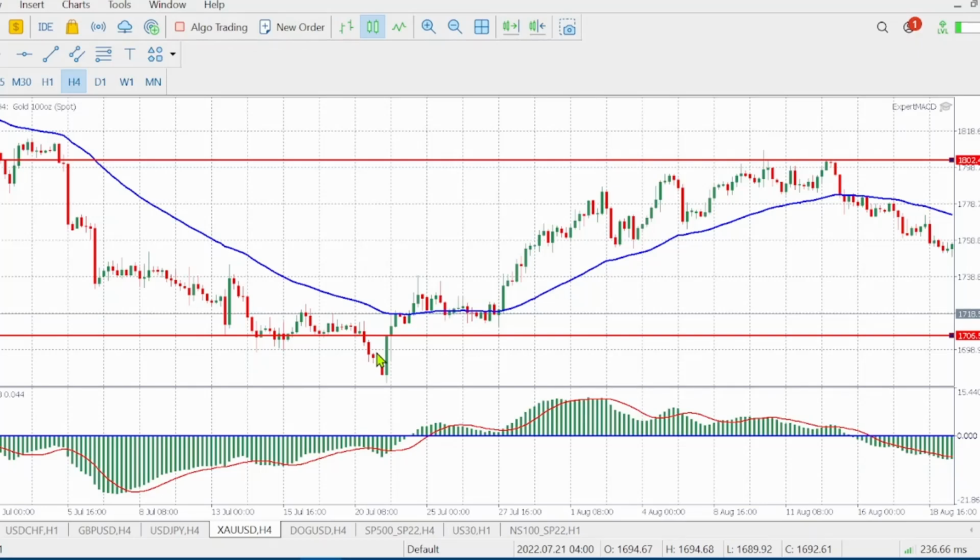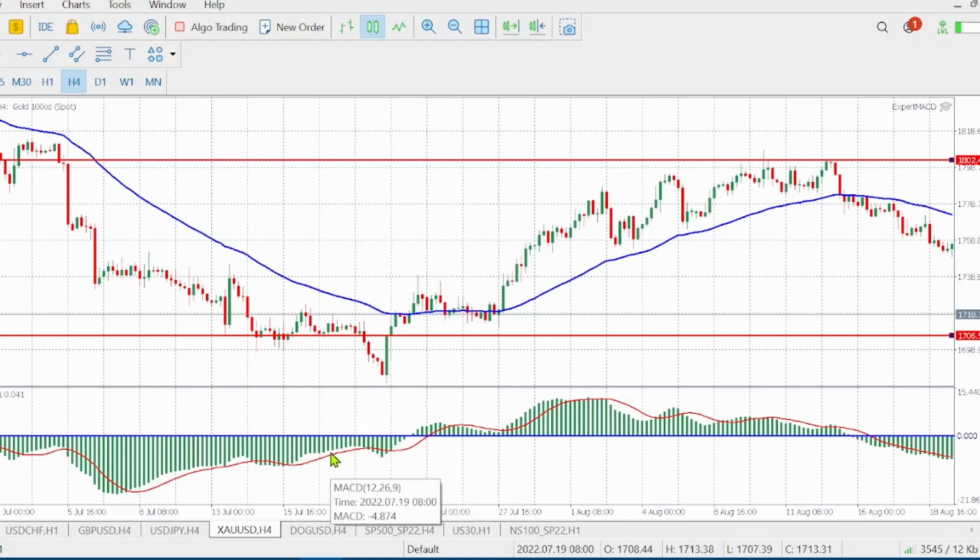Now, these are the conditions. This red line is the MACD line.